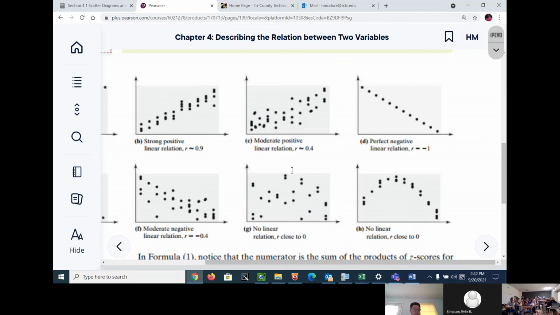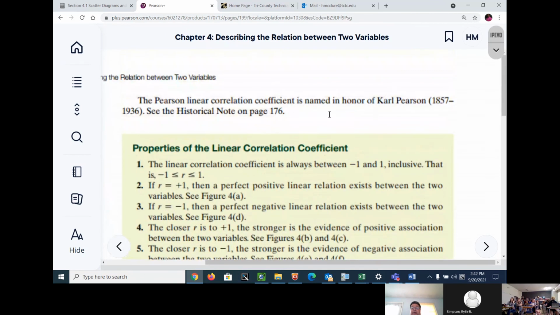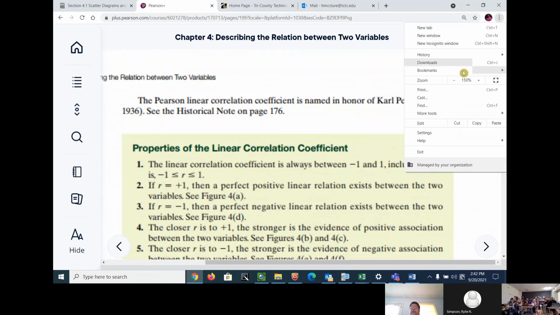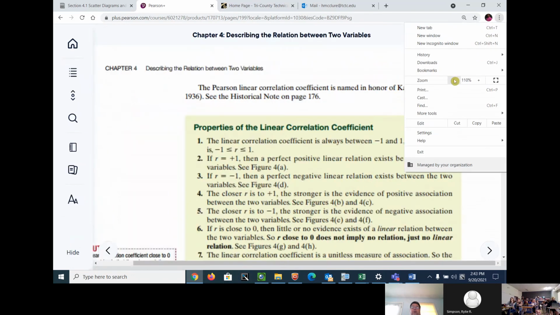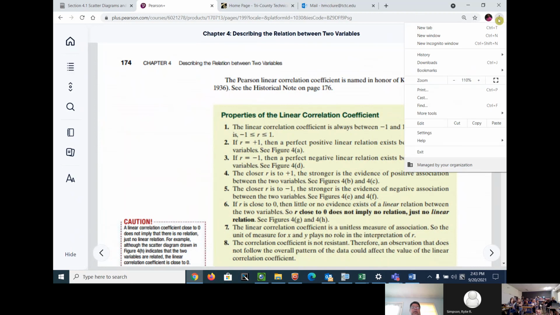Someone's asking what page this is on. Okay, this is on page 174.